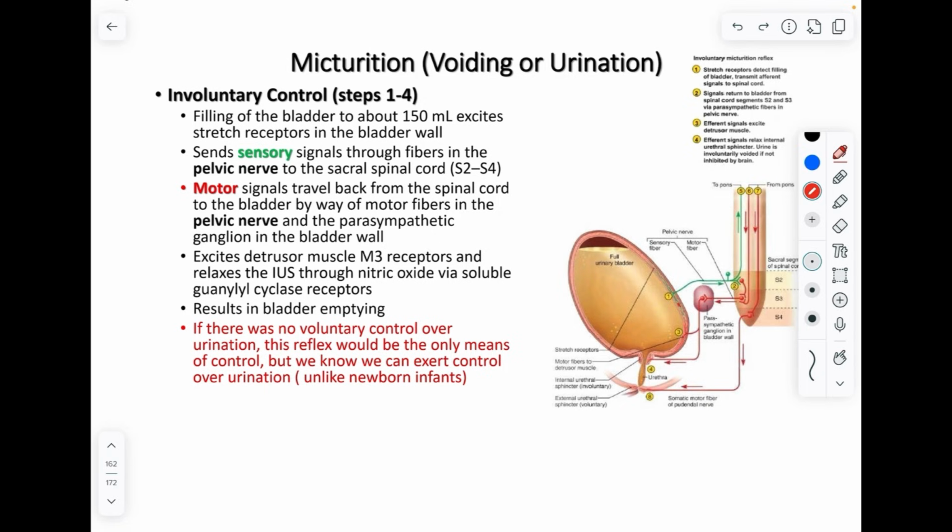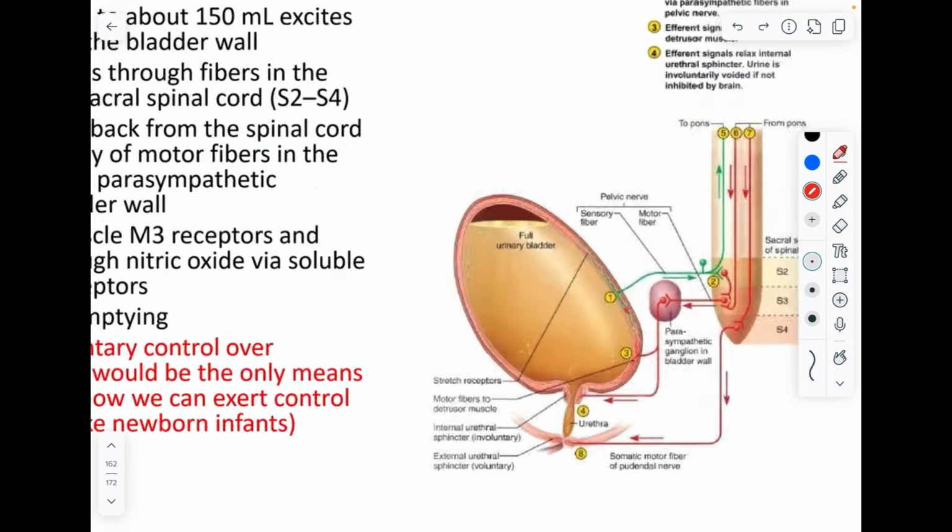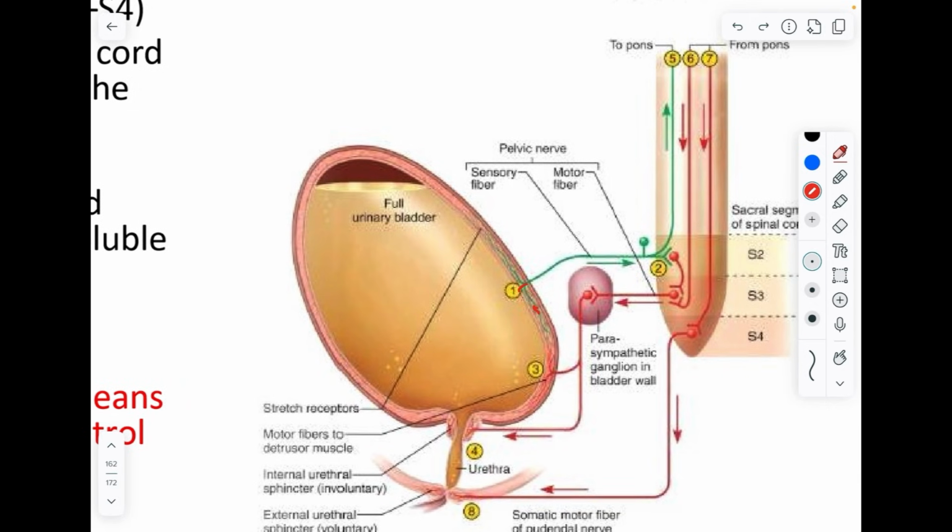Now, the micturition reflex. How does it happen? You have sensory fibers in the bladder that sense that the urine is filling the bladder. So it goes to the spinal cord and tells it, okay, we need to urinate. The spinal cord takes this and it goes two ways.